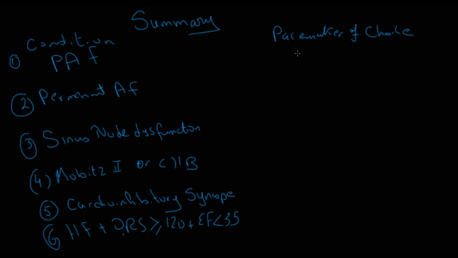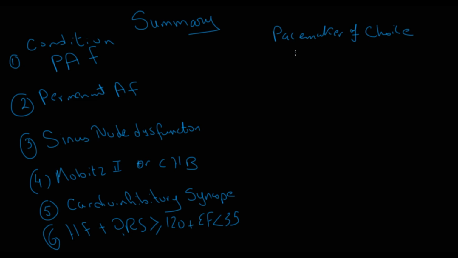The ventricular lead is important because the AV node can be sluggish during the syncope. This is why we need both leads. Having an atrial lead also allows for the extra kick from the atrium, which increases the perfusion and thus prevents the cardioinhibitory syncope. So this is basically a summary of the conditions that we have in the heart conduction system and the pacemaker of choice.